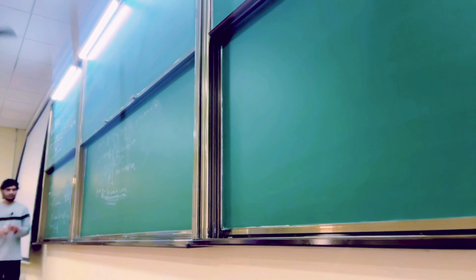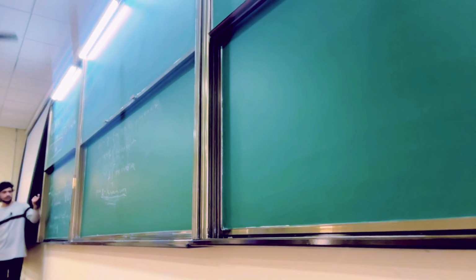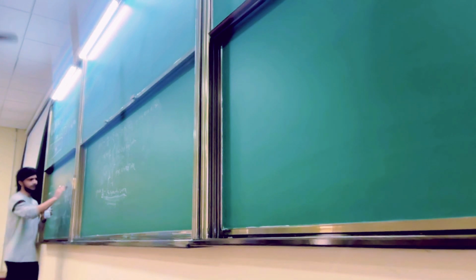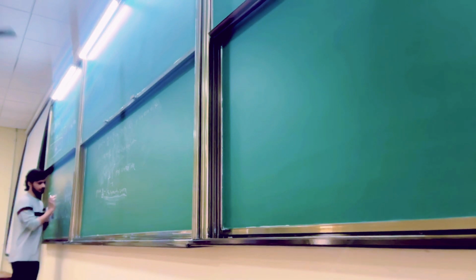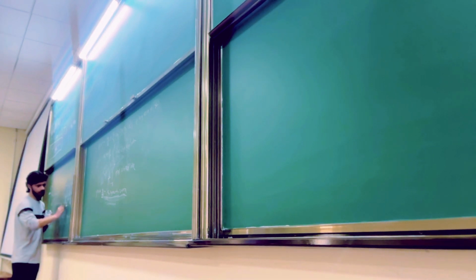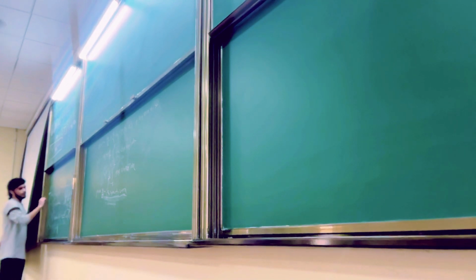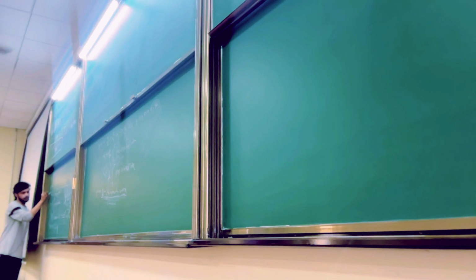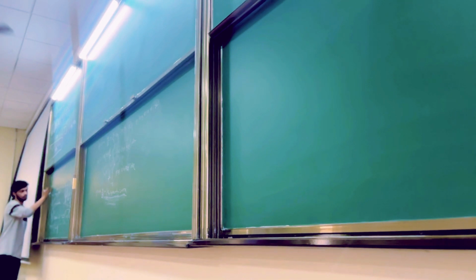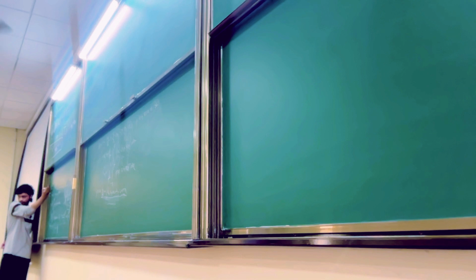If fx has a jump discontinuity at x equal to, let's say, c, then fc can be obtained by f(c minus) plus f(c plus) upon 2. This is very easy, not a very tough thing. f0 minus means this one, f0 plus means this one. So f0 minus is 0 and f0 plus is 1, because when we approach from the positive side, fx is 1, and when we approach from the negative side, fx is 0.